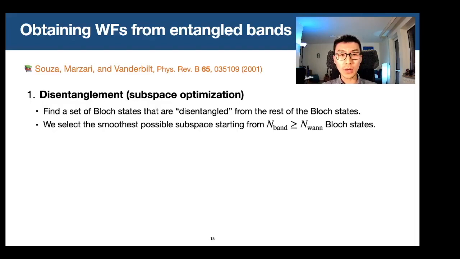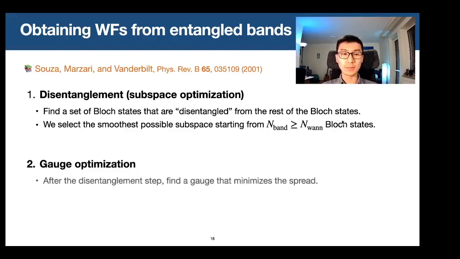In doing so, we select the smoothest possible subspace, starting from a few more Bloch functions than the number of Wannier functions. I'm going to tell you more detail later. Anyway, once you finish the disentanglement, we proceed to gauge optimization, and this is basically the same as the previous step for insulators.